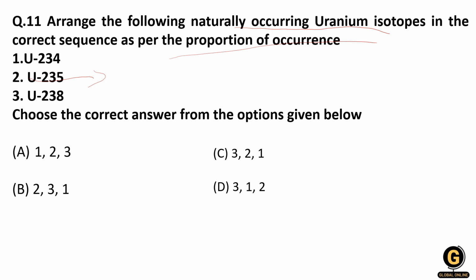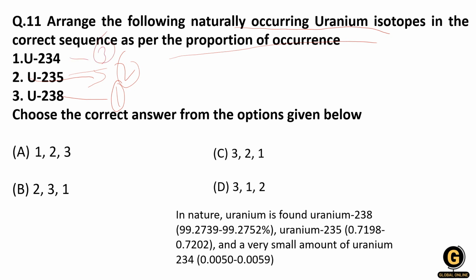So naturally, uranium 238 is the highest, number 1, then uranium 235 is number 2 and uranium 234 is number 3, and their proportions are here. You can see uranium 238 appears at 99.27, then uranium 235 is 0.71 and uranium 234 is very negligible at 0.005.